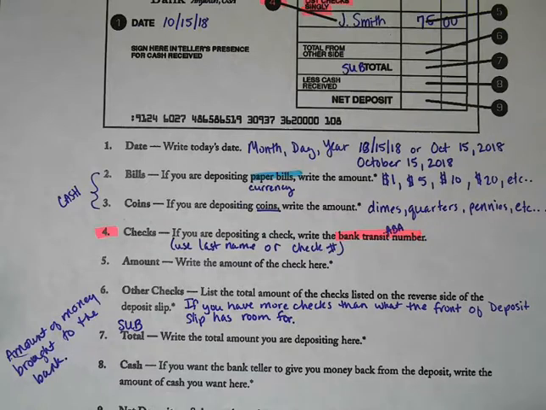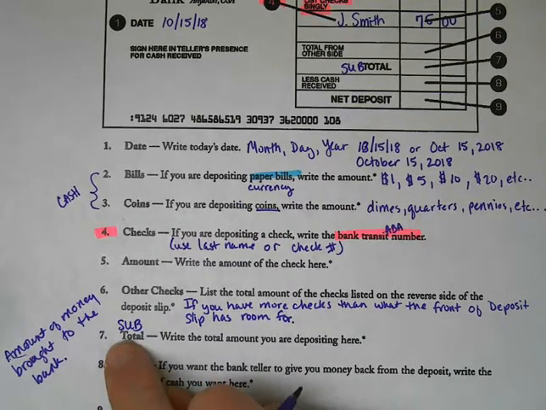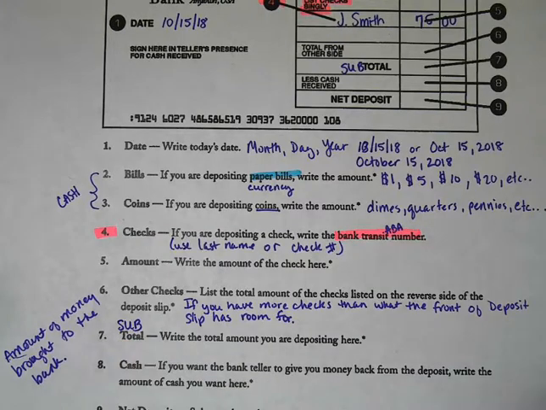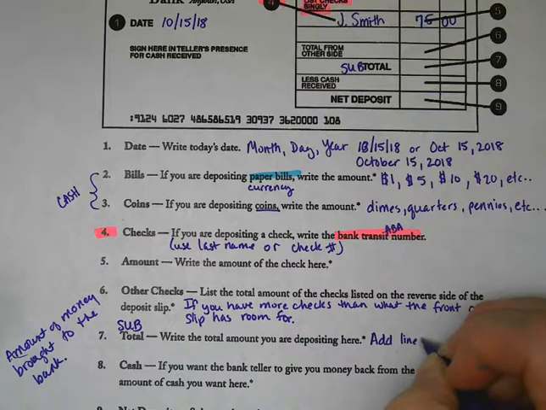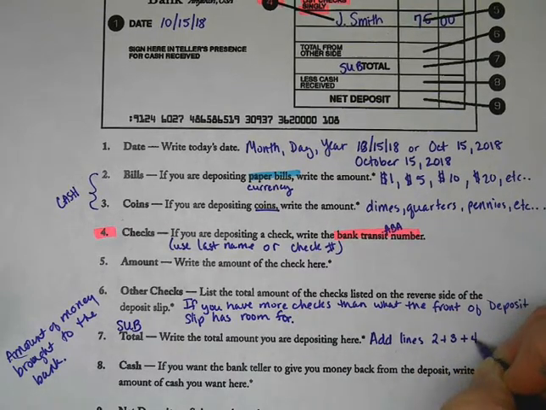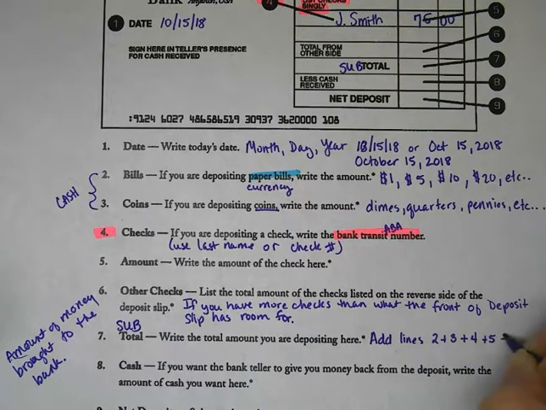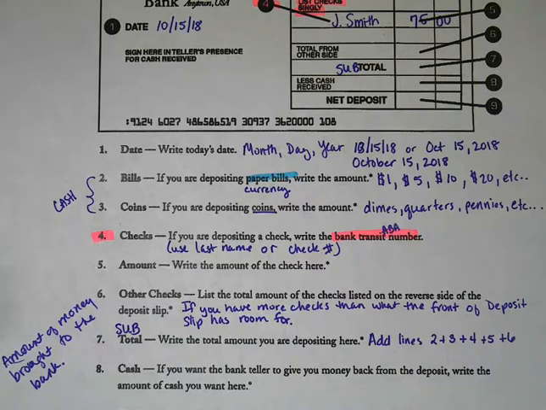All right, so again, the amount of money that we brought to the bank is our subtotal, and to calculate the subtotal, we're going to add lines, numbers 2, 3, 4, 5, and 6. Okay, so let's look at that.